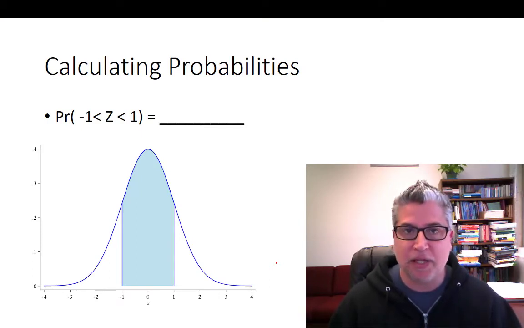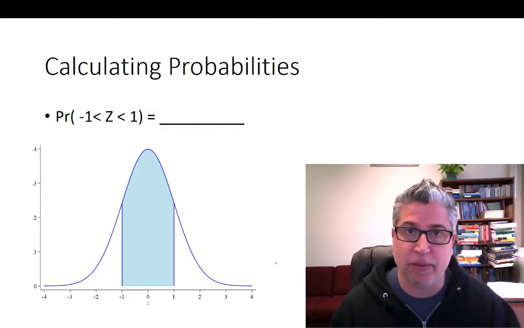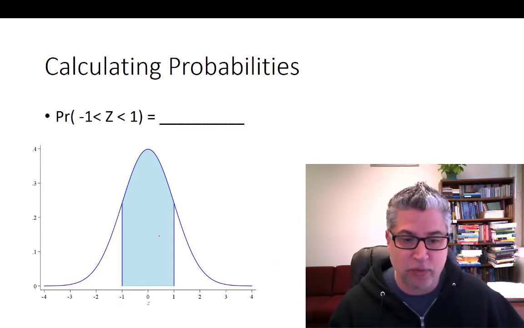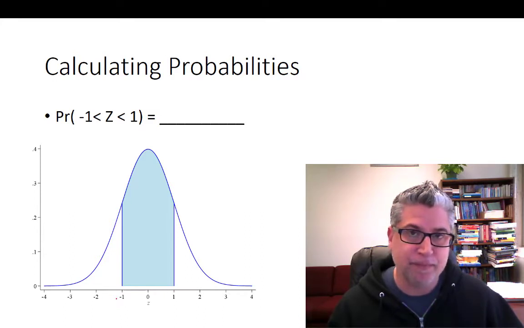You can use Excel to calculate areas, not just less than a particular number, but between two particular numbers. For example, what's the probability that our standard normal variable has a value between +1 and -1?